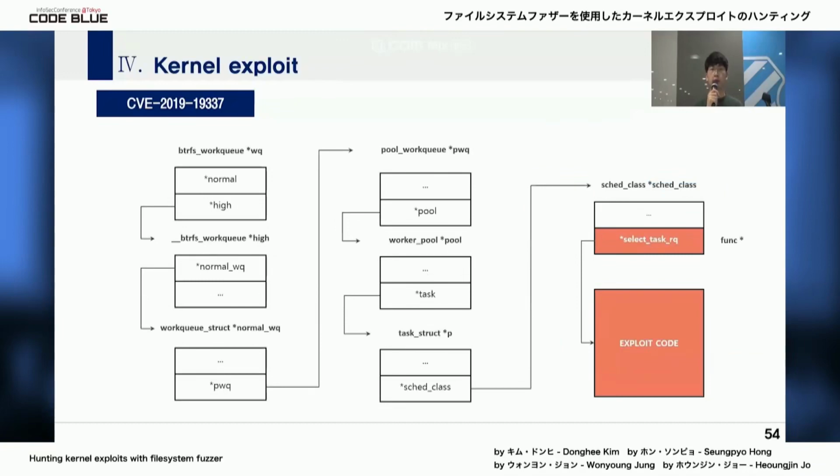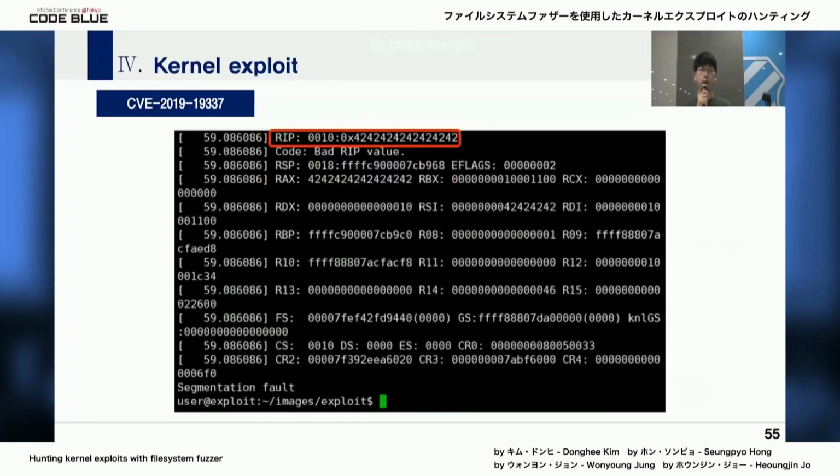Therefore, by analyzing the structure reference flow, we were able to match the structure field values referenced by each routine, and finally make the select_task_rq function pointer point to our shellcode. So it was possible to control RIP through the vulnerability.